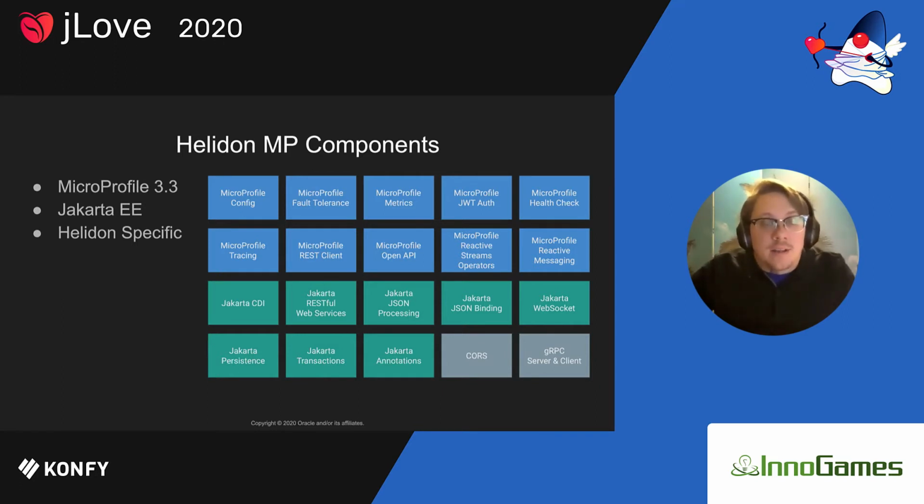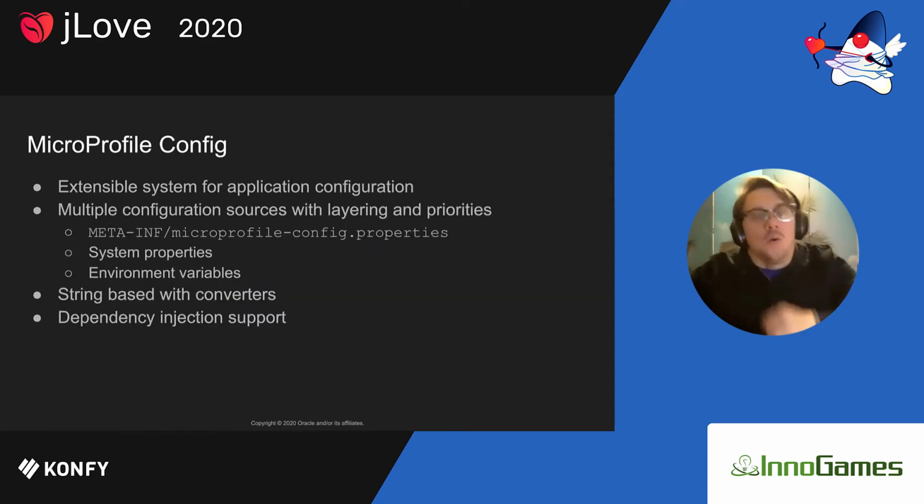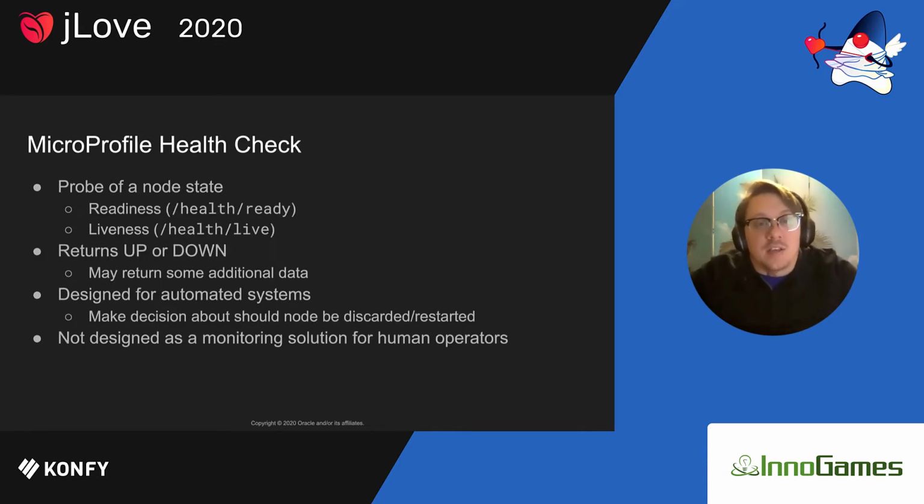So Helidon MP is not only a MicroProfile implementation, but also gives you more. And this is wonderful. Once again, when you use a Helidon application, you will get the MicroProfile config, which is a standard and portable way of configuring your stuff. You'll receive health checks, yes, to understand whether your service is ready or not to be used, whether it's live or not.